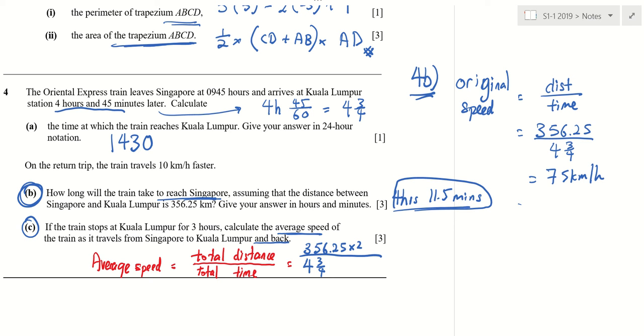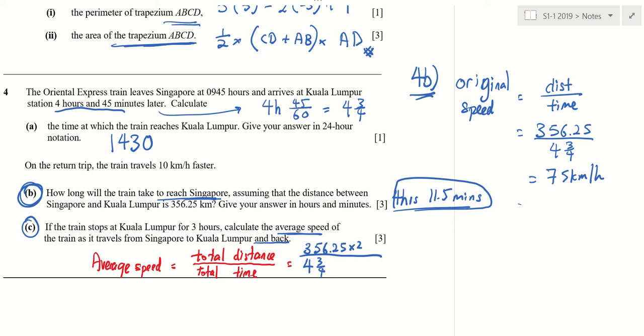Can you just add 10? Zach, do you want to start? So Zach, can you tell us what is the return speed? Return journey, what was the speed? Zach, stand up.